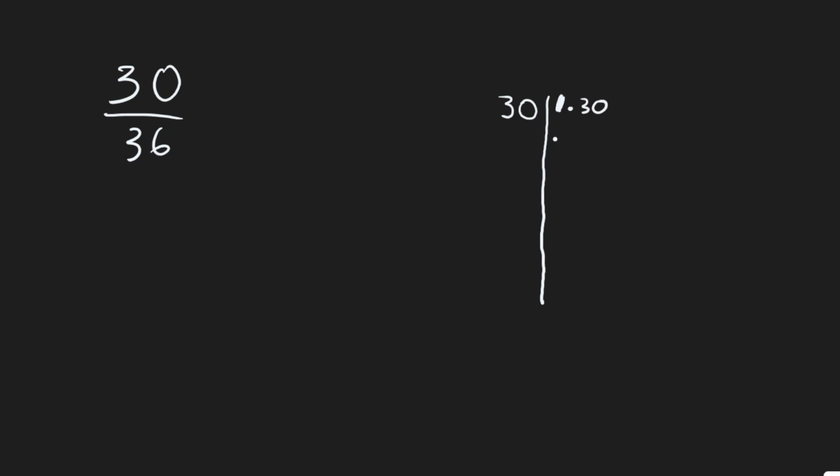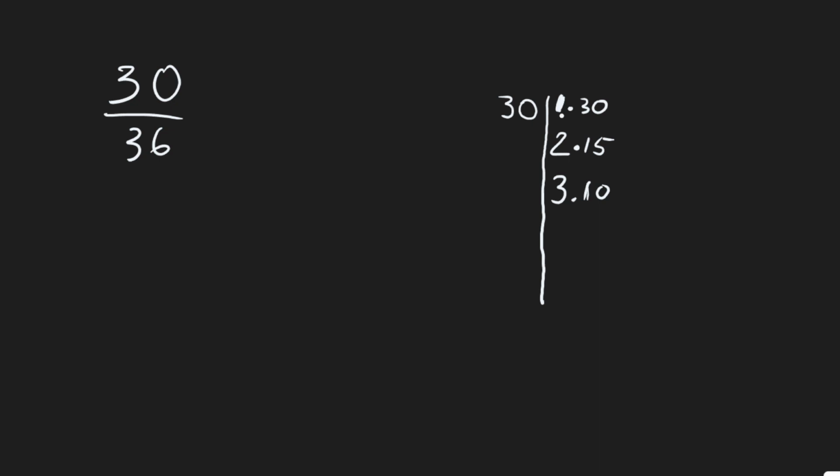Now let me take number 2. Is 30 divisible by 2? Yes. 30 is equal to 2 times 15. And 3: 30 is equal to 3 times 10.